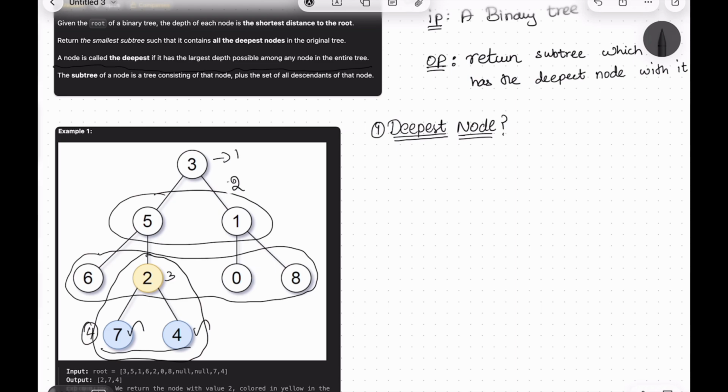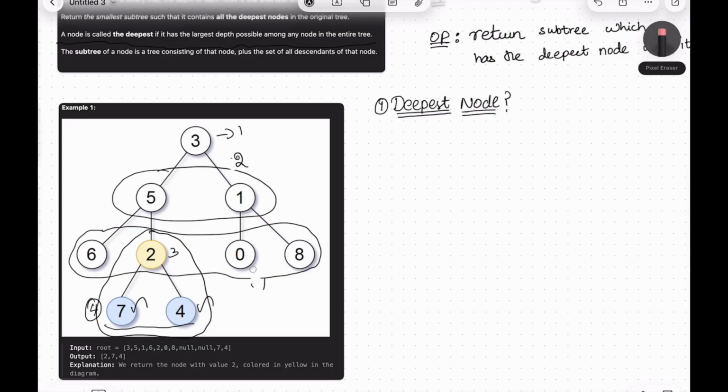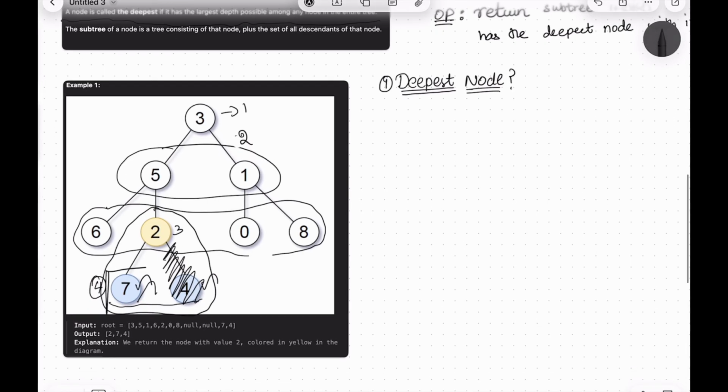So now what if we have one more node here, right? Or before going into that, what if we do not have this particular node? What happens? So we have only one deepest node. In that case we have to return only 7.